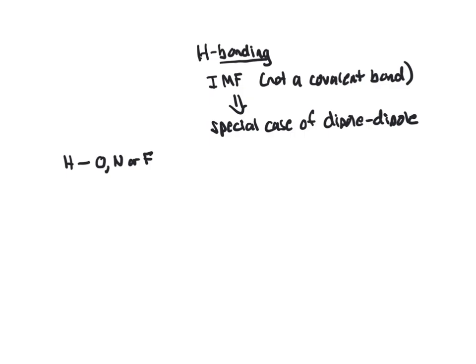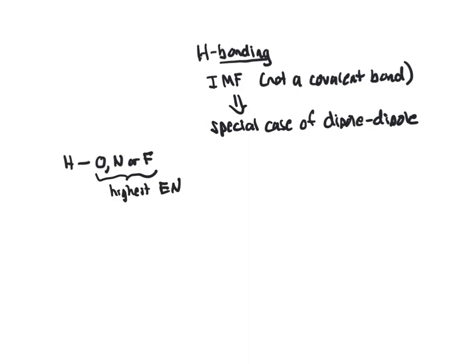So I have to have an oxygen, a nitrogen, or a fluorine with a hydrogen bonded to it in my molecule in order to have any opportunity to form a hydrogen bond. So what is going on here? Well, if we look at the electronegativities of oxygen, nitrogen, and fluorine, they all have some of the highest electronegativities.